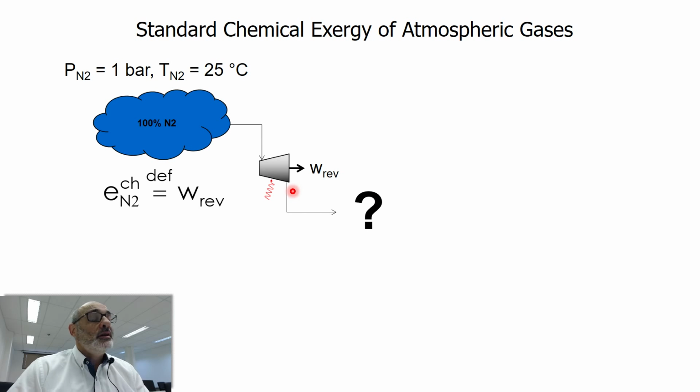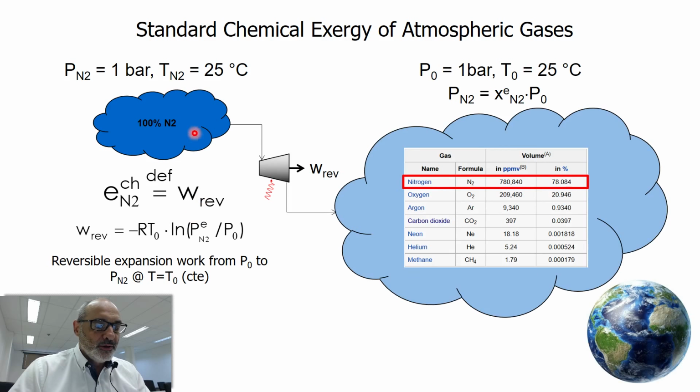The maximum amount of work that I could obtain in this process is going to be our chemical exergy. I'm going to allow this expansion to occur because here I have nitrogen at 1 bar, and in the atmosphere the partial pressure of nitrogen is only 0.78 bar. So I have a lower pressure.